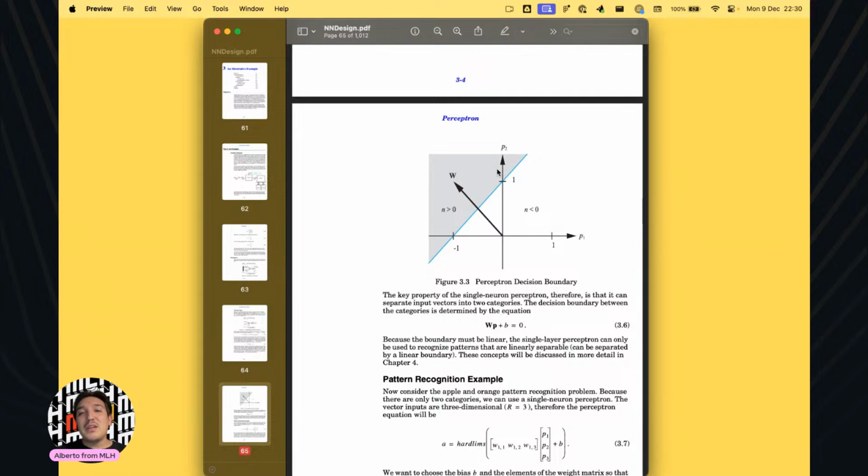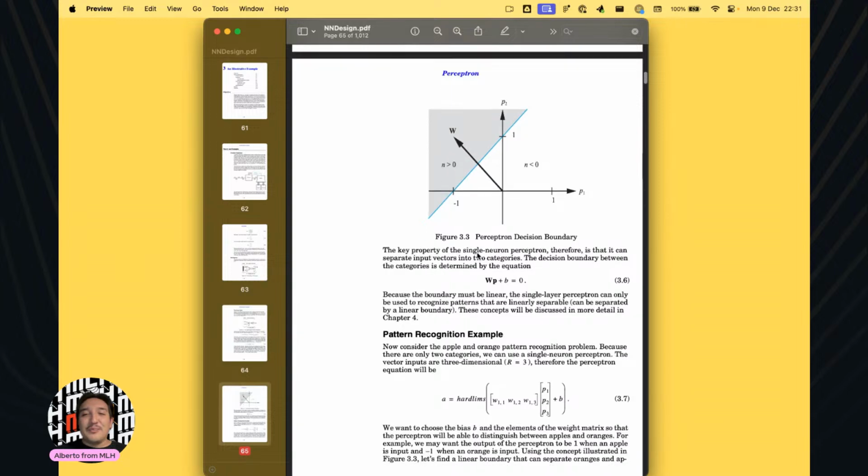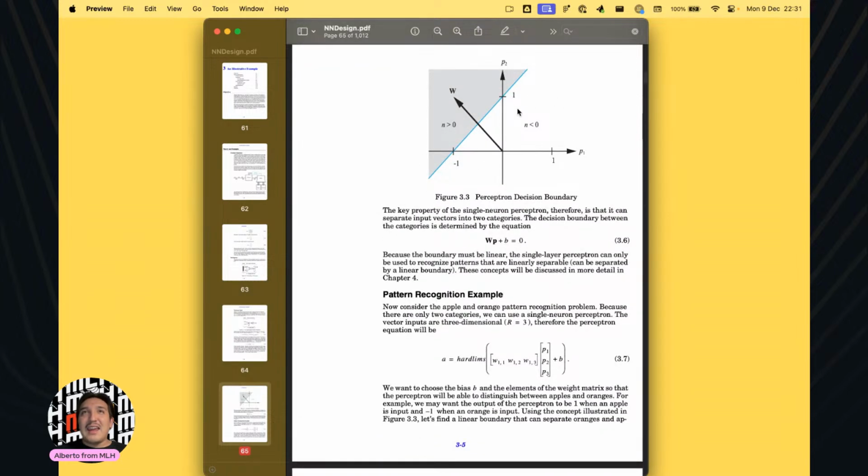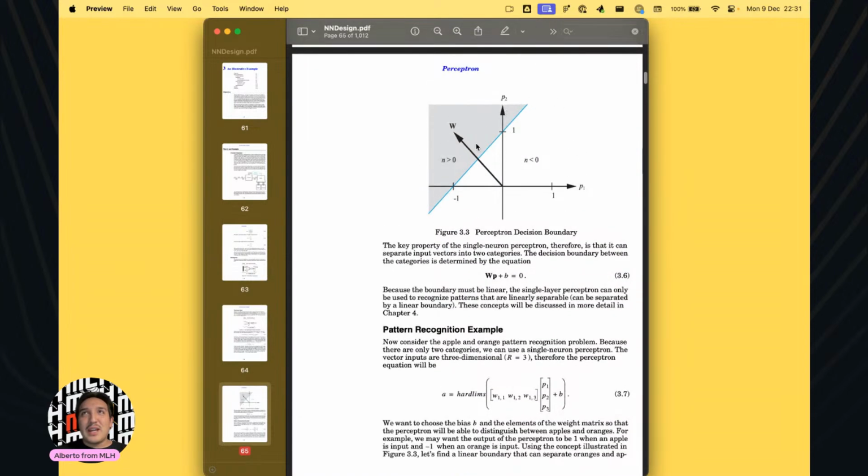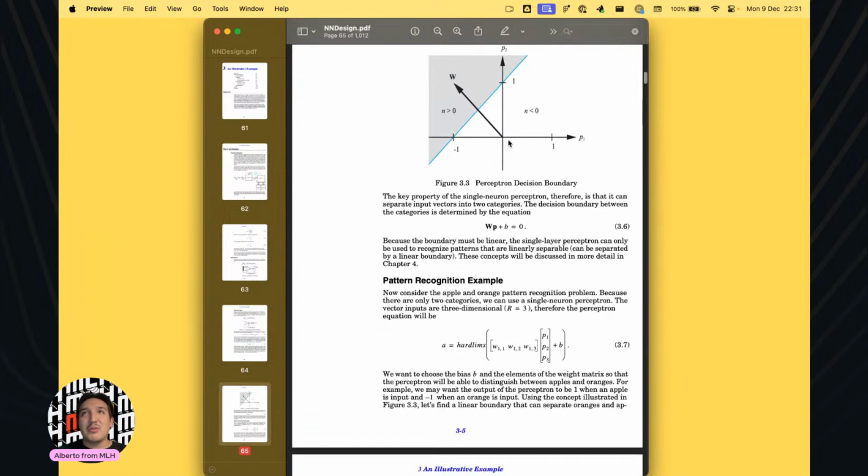They need to be linearly separable with linear functions, of course. In a graphic way, you can understand that much better with this decision boundary, right?